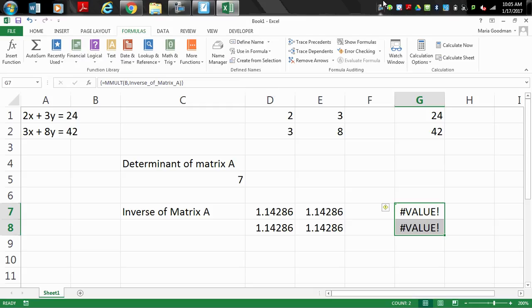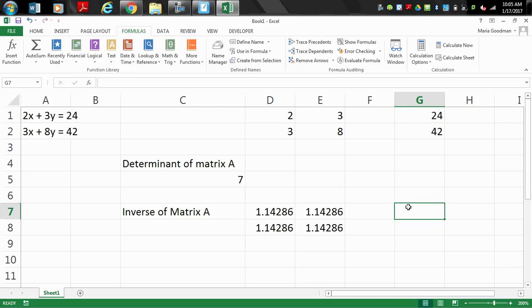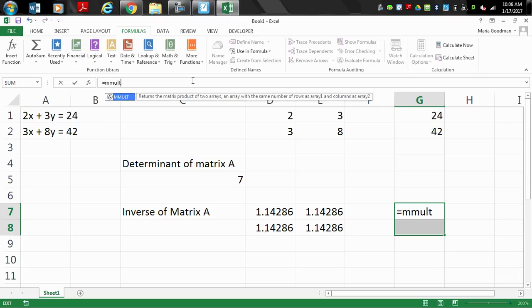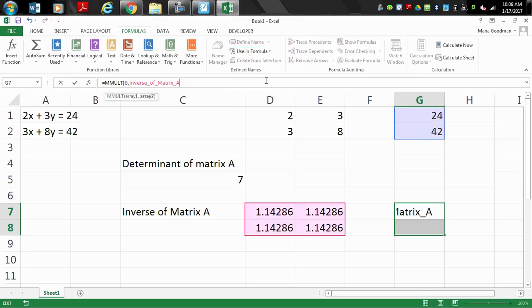The last part? Hold on. So you have, it's a 2 by 1, equals MMULT, using formula B, comma, inverse of matrix A, close your parentheses, Control Shift Enter.